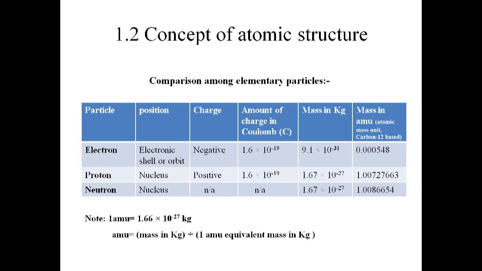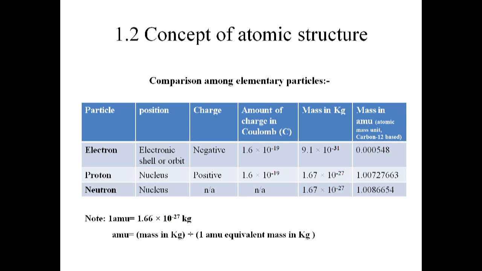To convert mass in kg into the atomic mass unit, we just divide the mass in kg by 1.66 × 10^-27 kg. Applying this procedure, we are able to convert any mass into atomic mass unit.